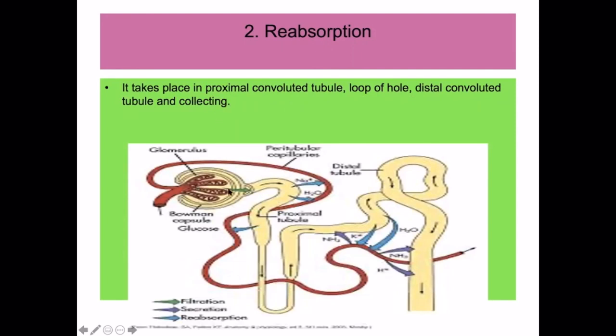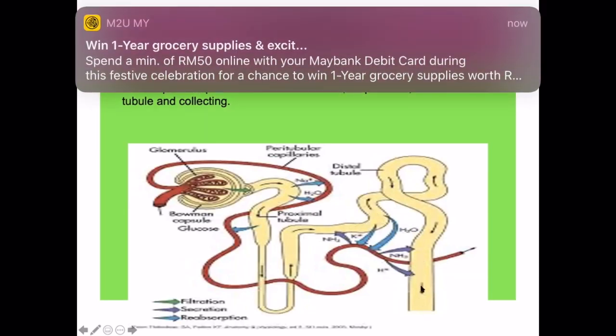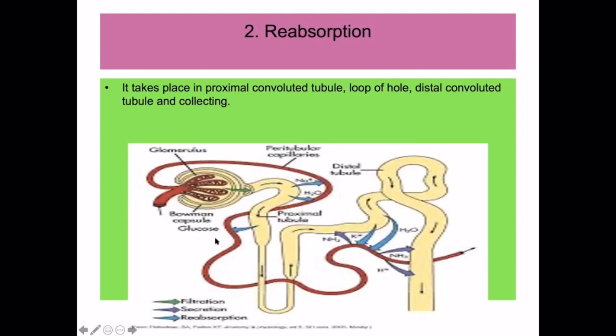I know you guys remember, right? So here is the proximal convoluted tubule. This is the loop of Henle. This is the distal convoluted tubule, and the last one we have is the collecting duct. Here we know the process that happens is ultrafiltration. Other than that, the process involved is reabsorption.